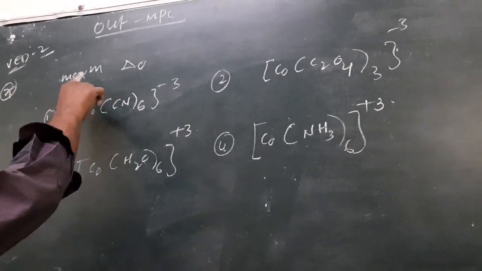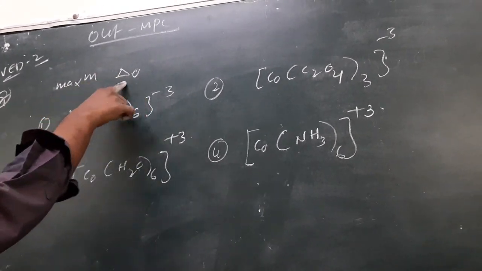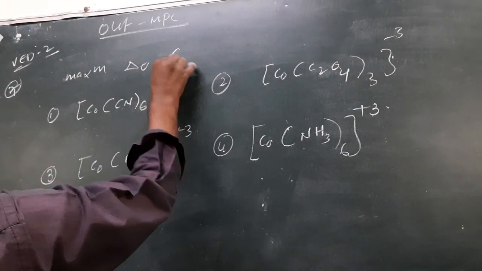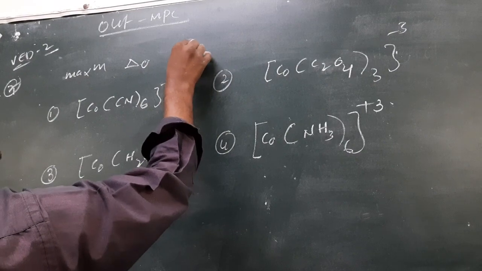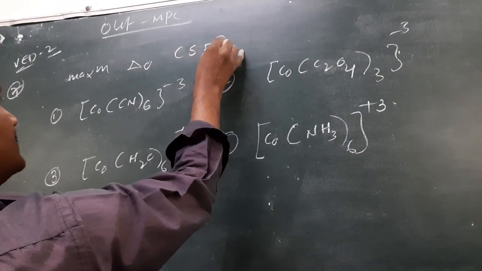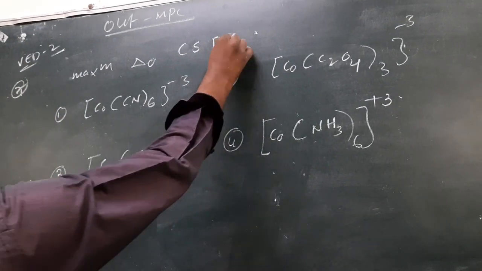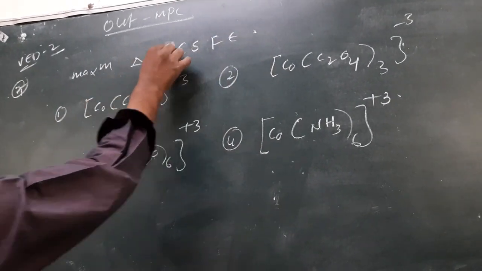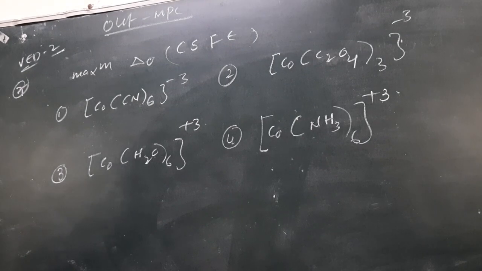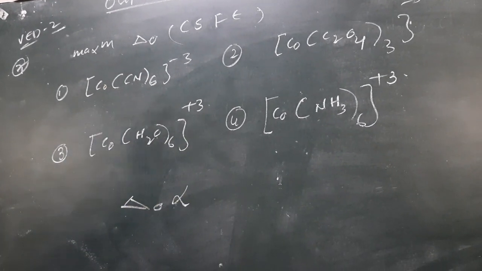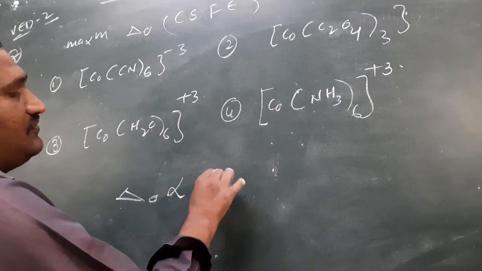Which of the following has maximum delta O? Delta O means crystal field splitting energy in an octahedral complex, CFSE, crystal field stabilization energy. So delta O is always directly proportional to ligand field strength.